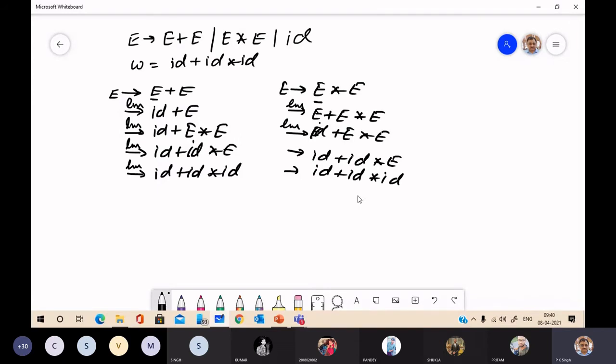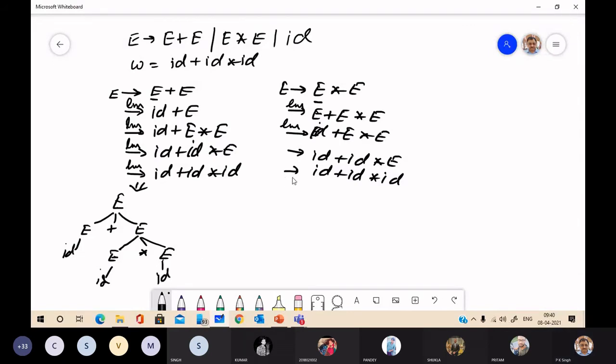Now see the syntactic structure produced by these two derivations. We started from E. First see this: started with E, E plus E. Then this E is reduced to id, and this E is E asterisk E. This E is id.